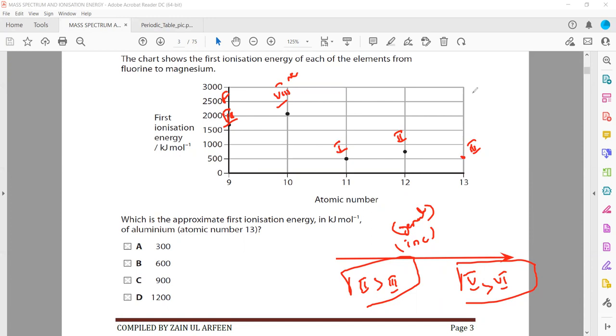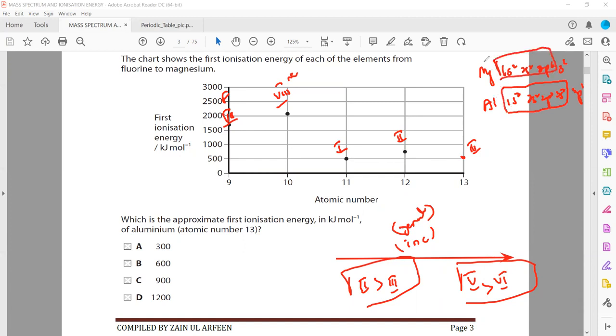Why it is not higher, as we already discussed, when I write the electronic configuration for magnesium, it is 1s2, 2s2, 2p6, 3s2. And for aluminum, it is 1s2, 2s2, 2p6, 3s2, 3p1. So aluminum is having more inner electrons, so greater shielding effect as compared to magnesium.